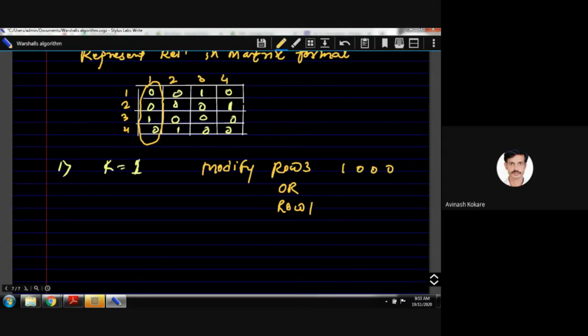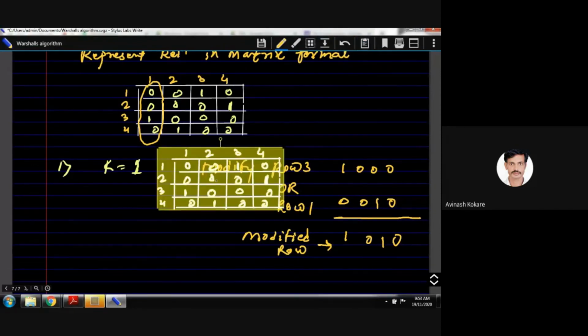And what is row 1? 0 0 1 0. So our result will be 1, 0, 1, and 0 here. Am I right? So this is the modified row 3. Just modify this row now here.